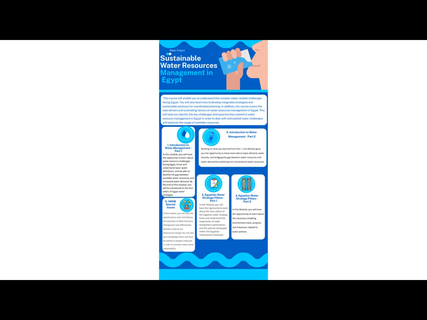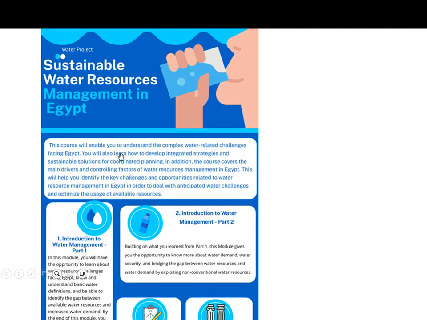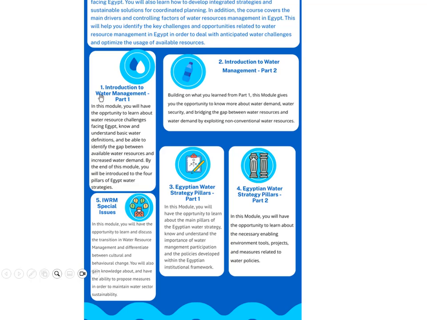The course roadmap, which is the last section, is just an advertisement about the course that includes the name of the course, description, and then the 5 modules: Introduction to Water Management Part 1, Part 2, Egyptian Water Strategy Pillars Part 1, Egyptian Water Strategy Pillars Part 2, and the last module is IWRM Special Issues.